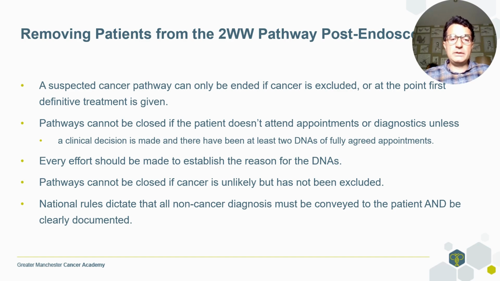Pathways cannot be closed if cancer is unlikely but has not been excluded. And national rules dictate that all non-cancer diagnoses must be conveyed to the patient, and it should be clearly documented. We cannot remove a patient from the two-week pathway unless we inform the patient.